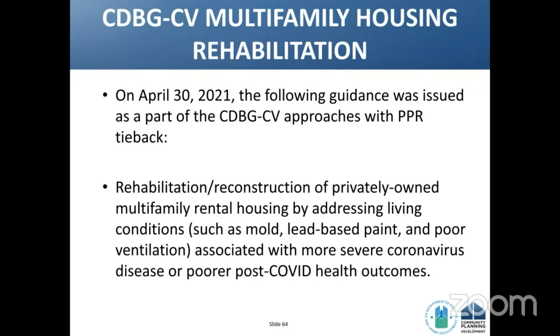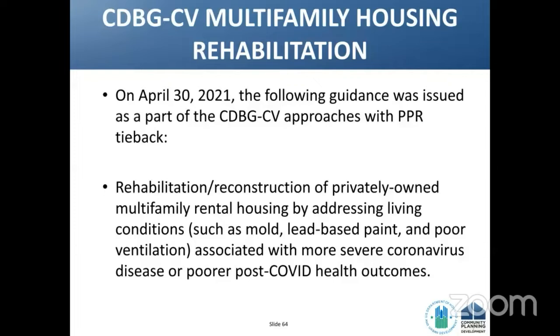Okay, now the same flexibility that's permitted for the use of CDBG-CV to rehabilitate single structures is also applicable to multi-unit structures.